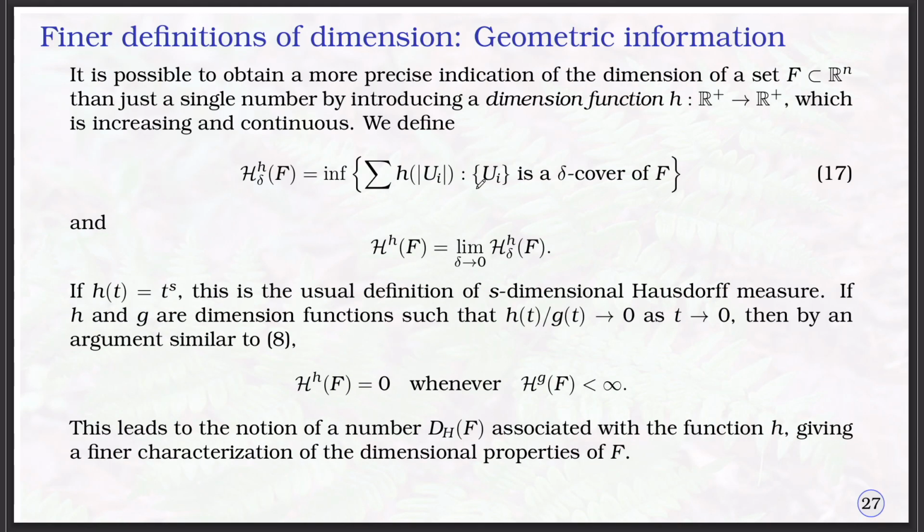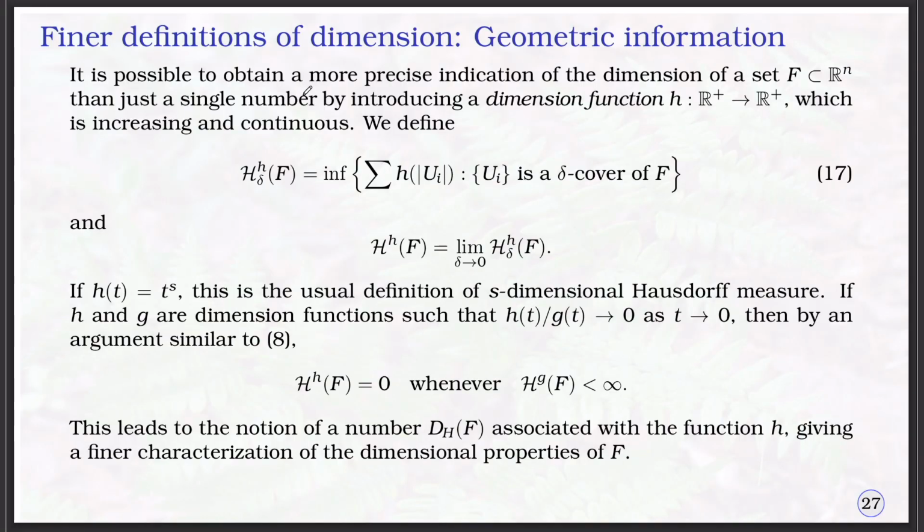Now we define a test function, which we discussed in the geometrical interpretation of Hausdorff dimension, so this will coincide with the geometrical interpretation from the previous lecture. It is possible to obtain a more precise indication of the dimension of a set F in R^n than just a single number, by introducing a dimension function.